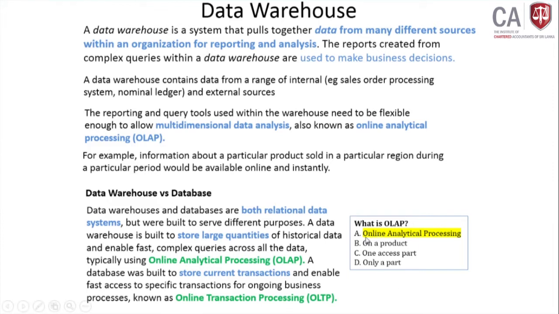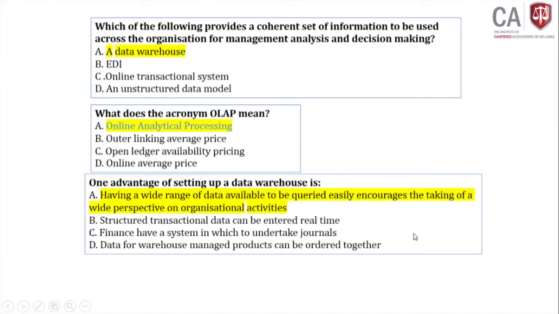OLAP means online analytical processing. It is asked in one question. Which of the following provides a coherent set of information to be used across the organization for management, analysis and decision making? What is the information used? Data warehouse. So, data warehouse is providing those things.